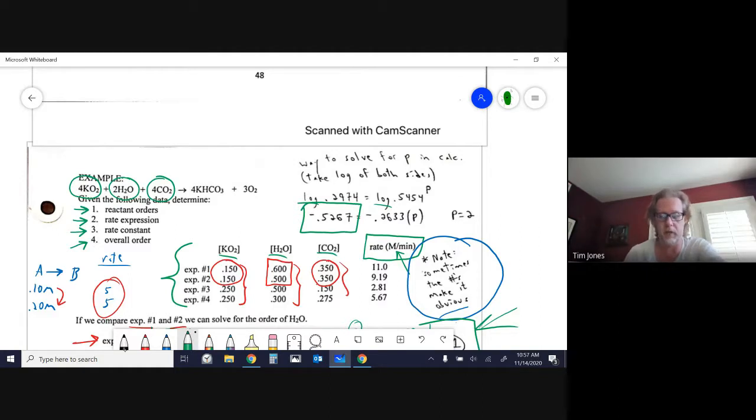On the other side, you get negative 0.2633, and the log of the exponent p is just now regular p, and so this is easier to solve for. You just divide by the negative 0.2633 and you get a 2. So that can be a mathematical shortcut to solving it without just doing trial and error over and over again.